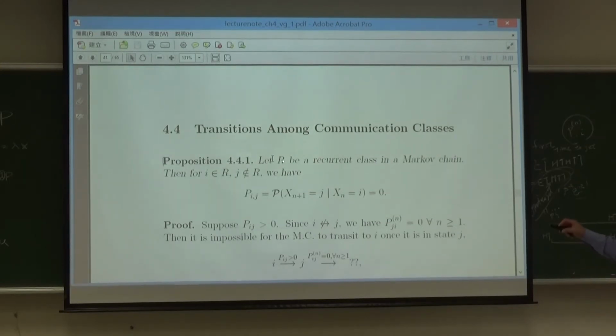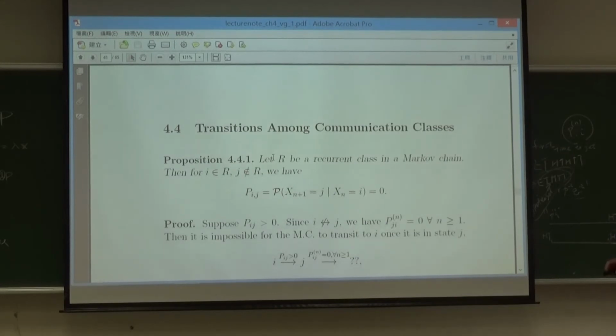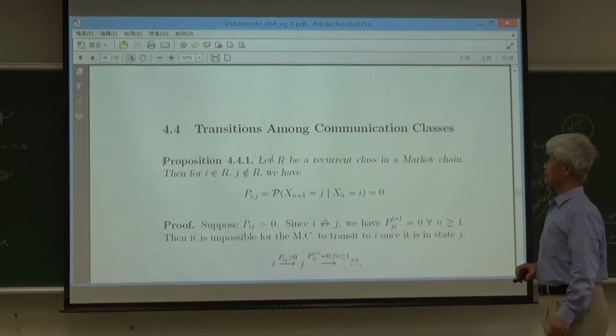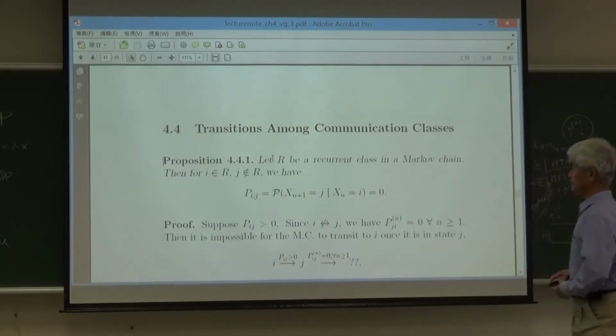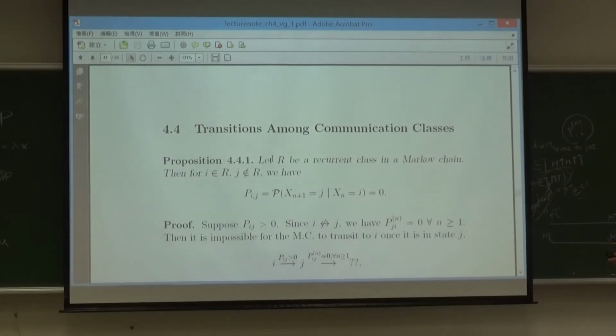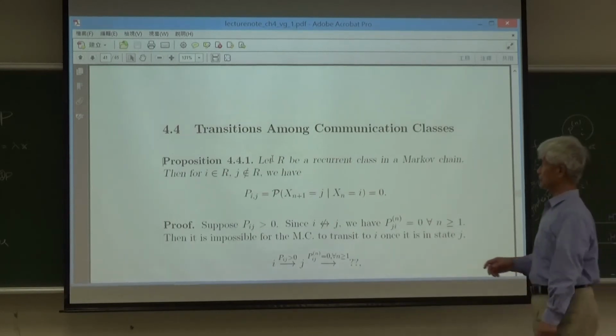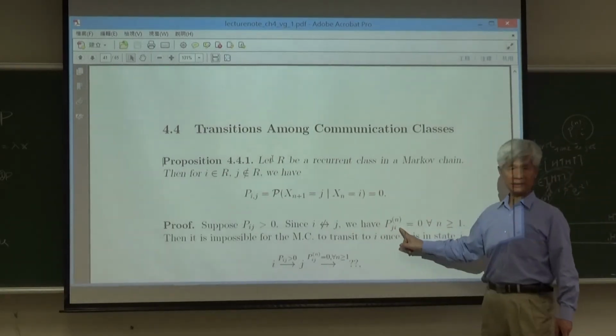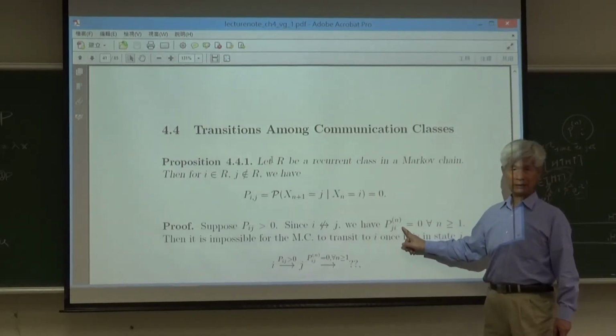So if R is a recurrent class, the transition from a recurrent state cannot go out of the class, never. That is a property of Markov chains. But it is possible that you can have j to i.